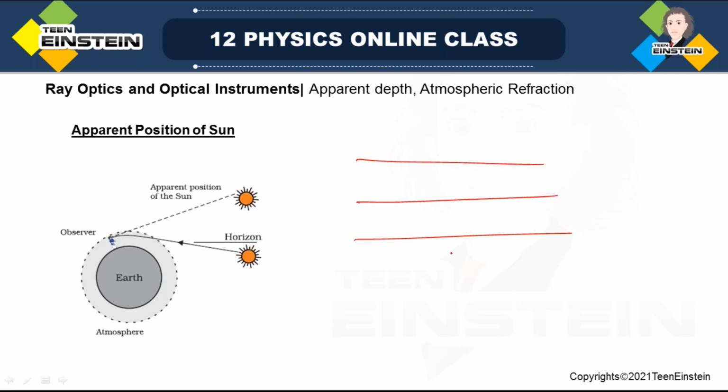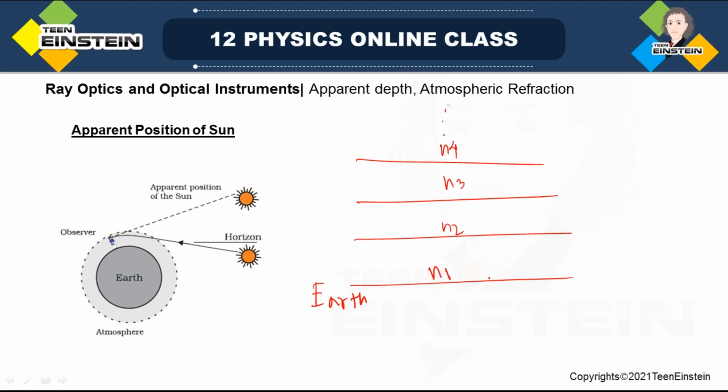In the beginning I had this confusion, so I'll just repeat it. If this is the earth surface, near the earth surface this is N1, this is N2, this is N3, this is N4, like that it goes above. So at higher altitude, the density of the air and the refractive index both will be decreasing.